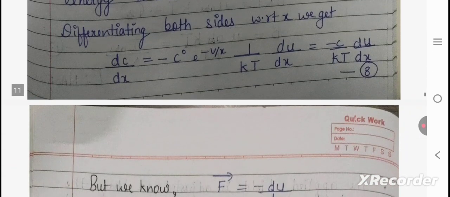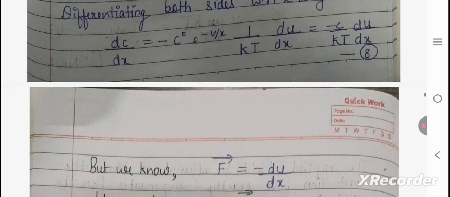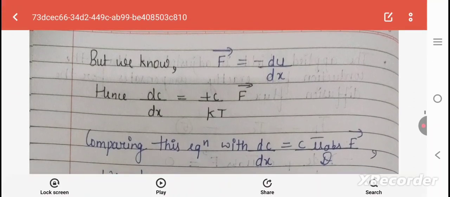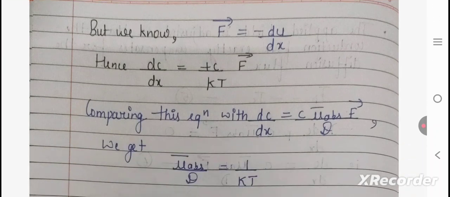Differentiating both sides with respect to x, we get dc by dx is equal to minus C naught e to the power minus U by kT into 1 by kT into dU by dx, which is equal to minus C by kT into dU by dx, equation number 8. But we know F vector is equal to minus dU by dx.